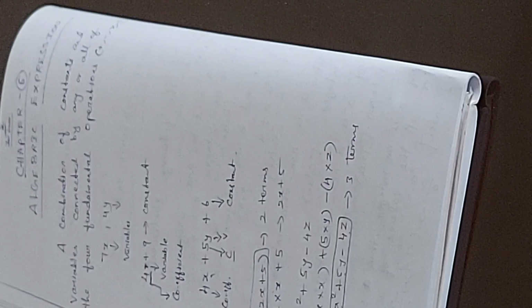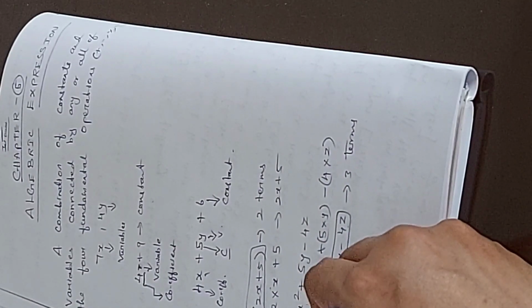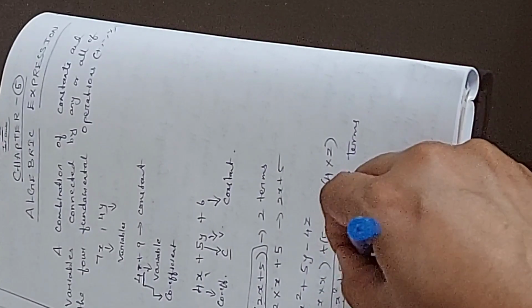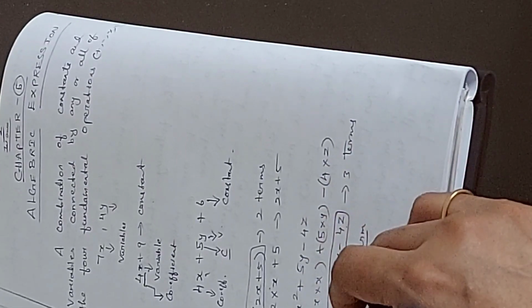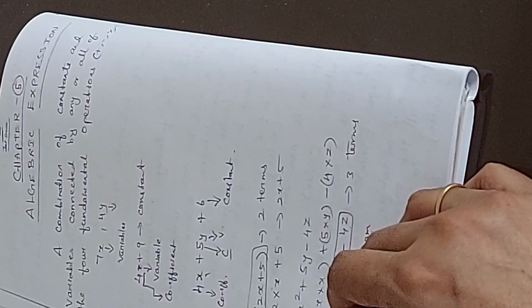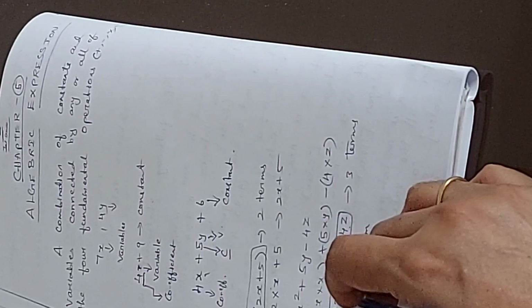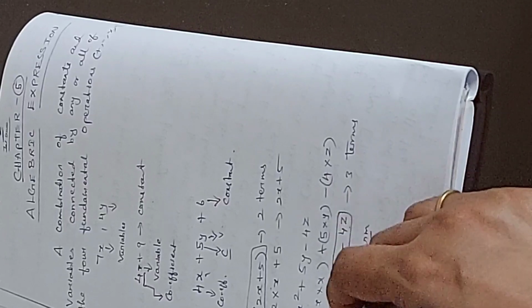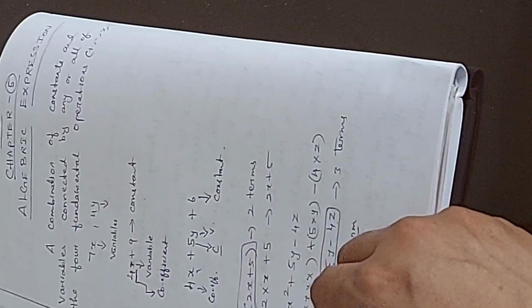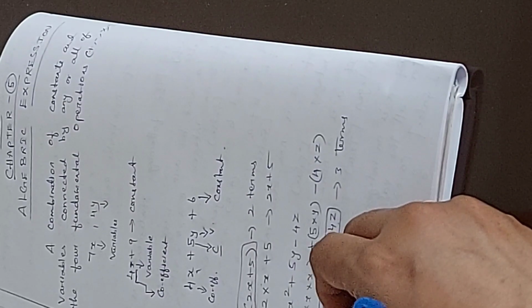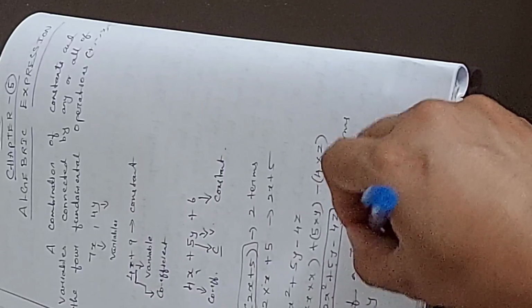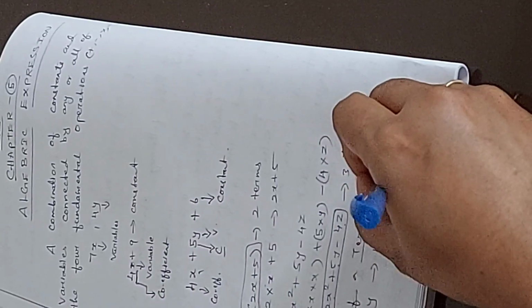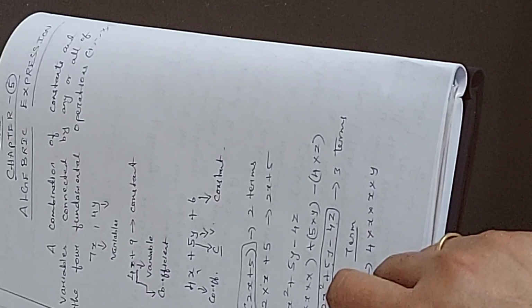Okay children, and what are the factors of the terms? See, this whole thing is called an algebraic expression and these are all called terms. So we have got three terms in this. And what are the factors of a term? If we take a term like 4x squared y, it is a product of 4 into x into y, right? So then only we are getting this 4x squared y.